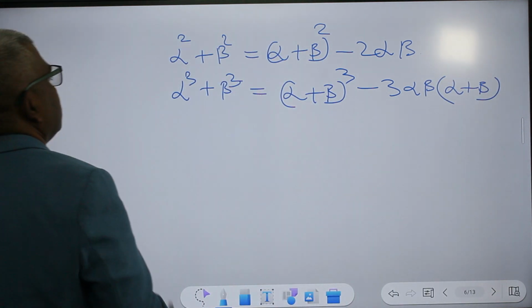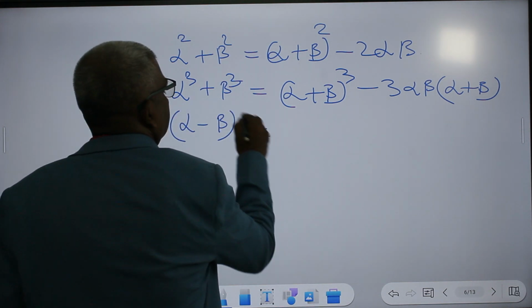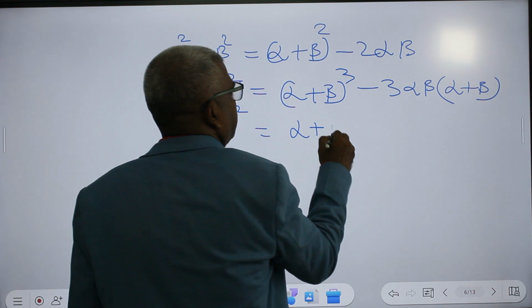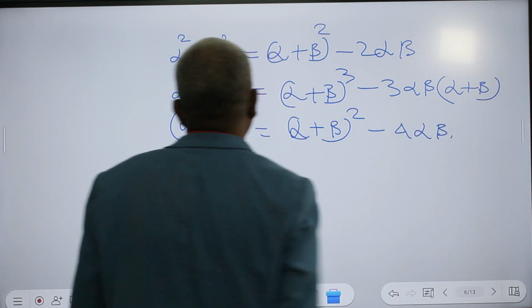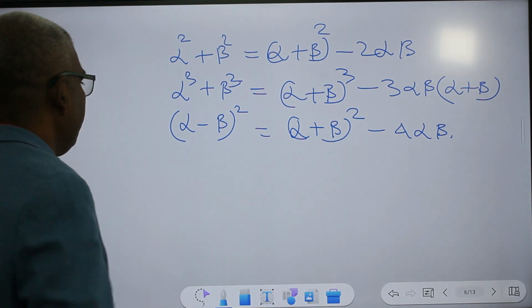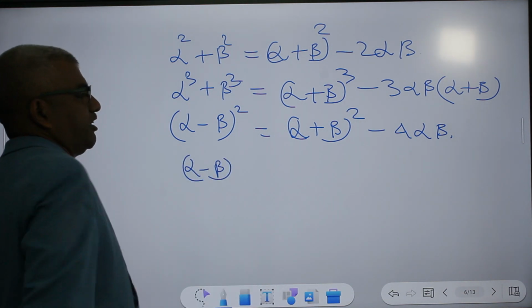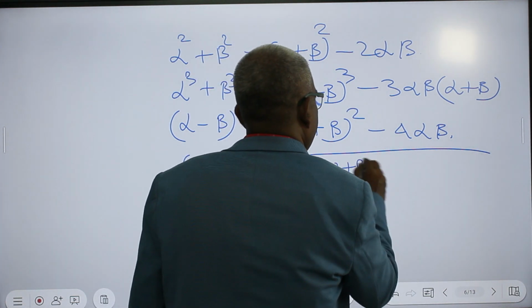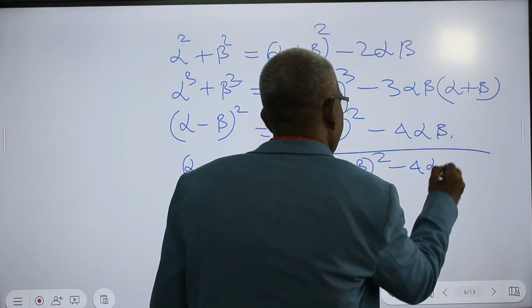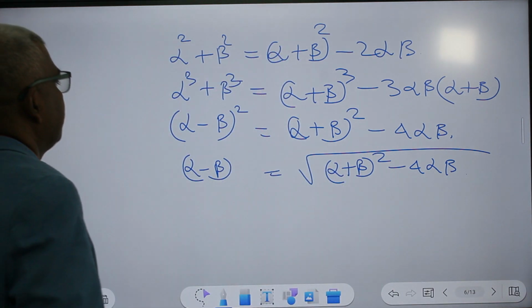Alpha minus beta whole square is alpha plus beta whole square minus 4 alpha beta. Alpha minus beta only means square root of alpha plus beta whole square minus 4 alpha beta. Okay, 1, 2, 3, 4.